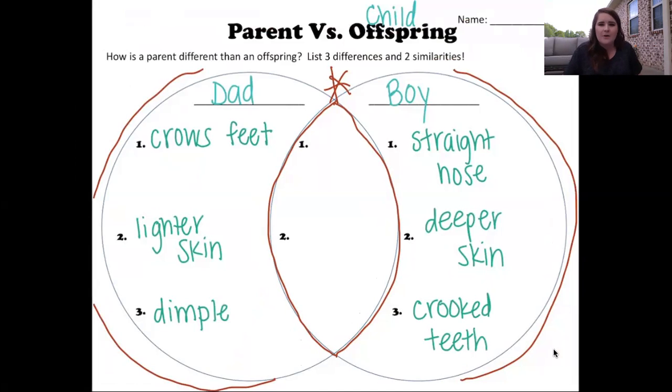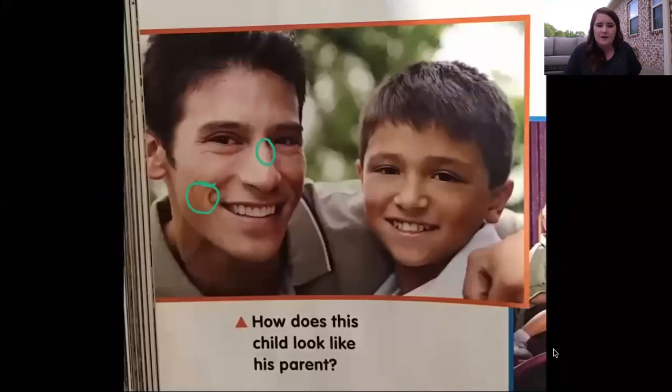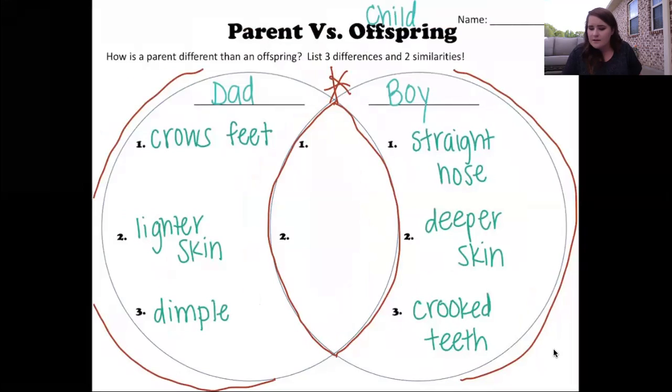Okay, now in the middle, what's supposed to go in the middle? Is it if they're different or the same? They're the same. So we already picked out a couple from this picture. What did we say about their hair that's the same? What color is their hair? Brown. And is it curly or straight? It is straight.